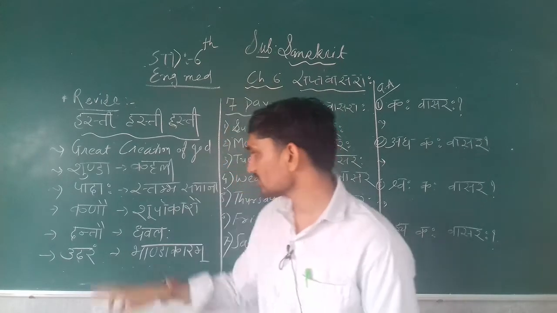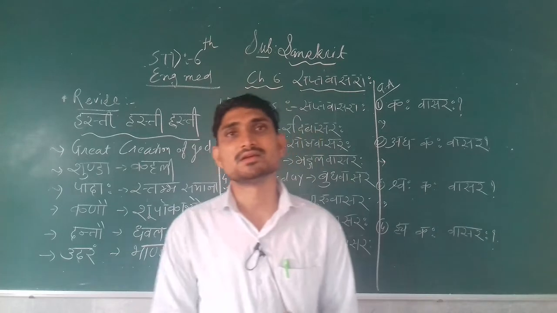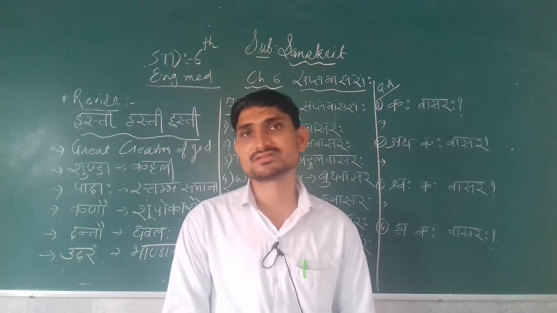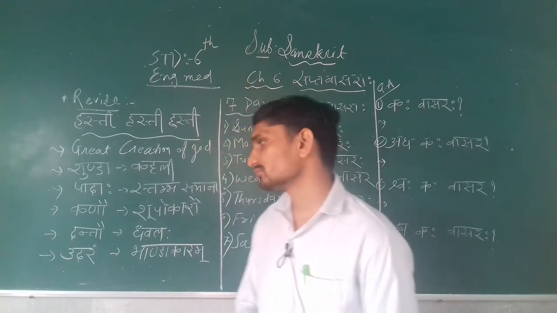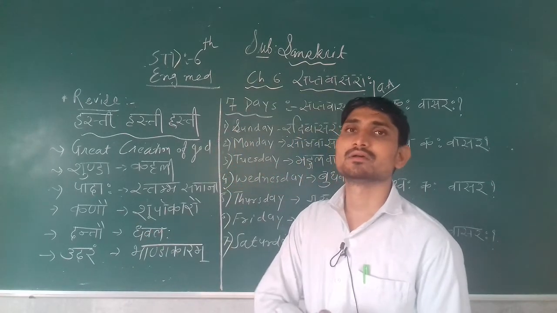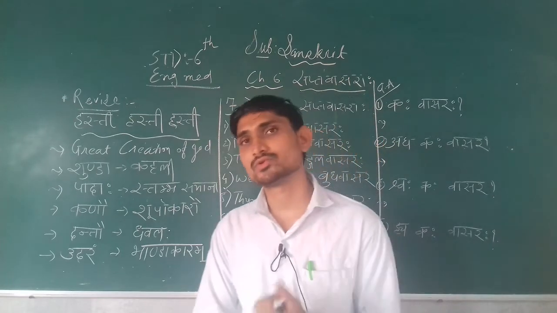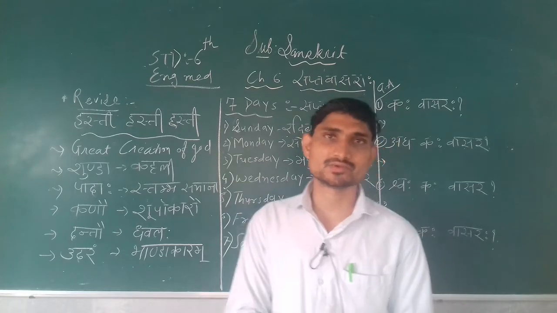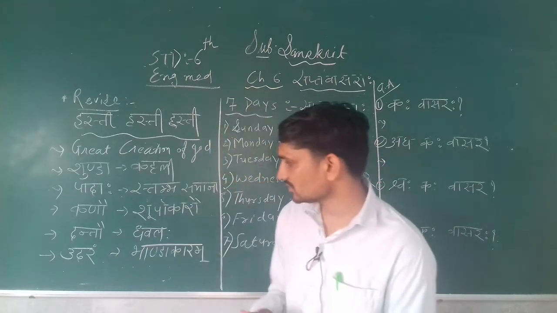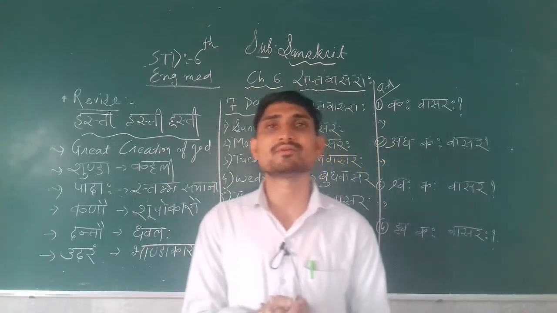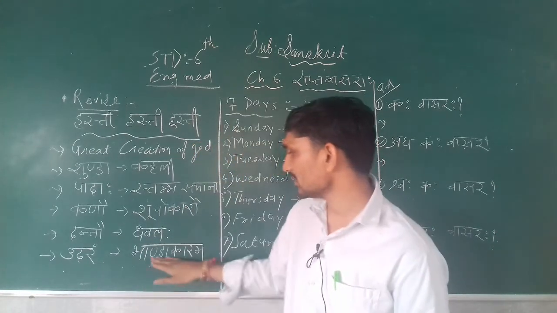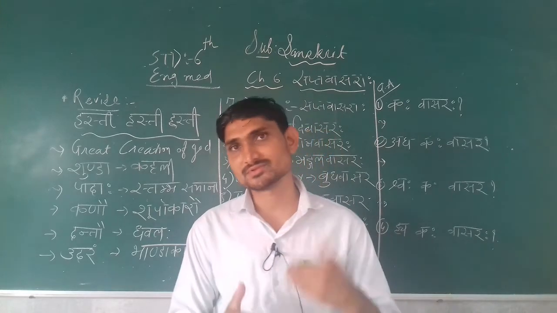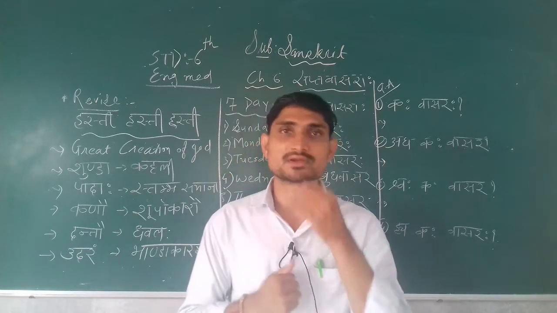Karno Surpa Karo: the elephant has ears like a winnowing basket, Surpa. After that we learnt Danto: the elephant has tusks, which are very white and very long too. Another we learnt, Udaram: the elephant has a stomach like Bhandakaram, a pot. These are the things we learnt in this poem.